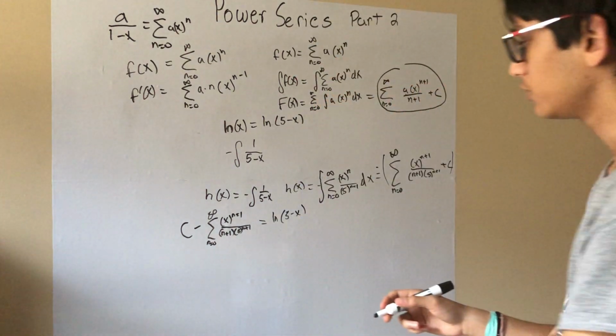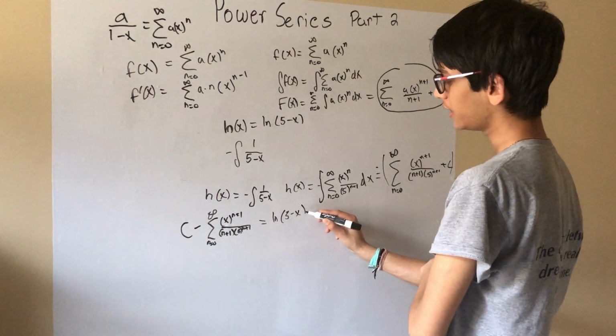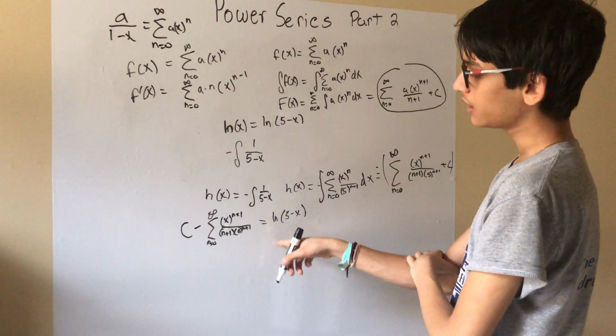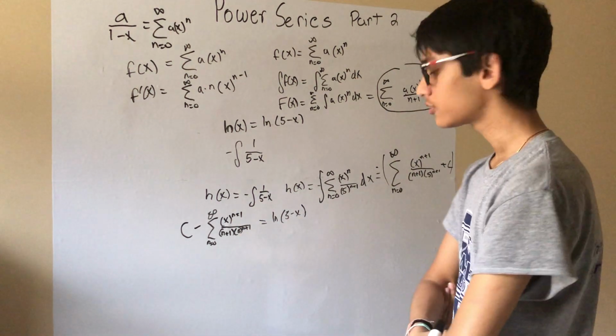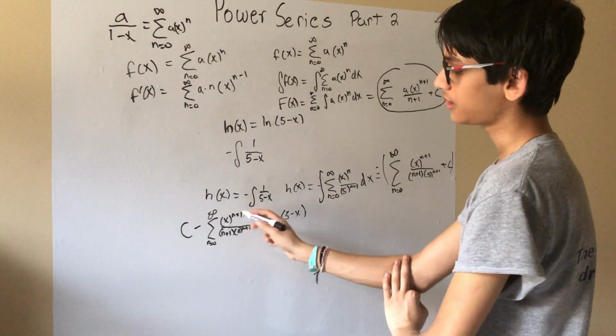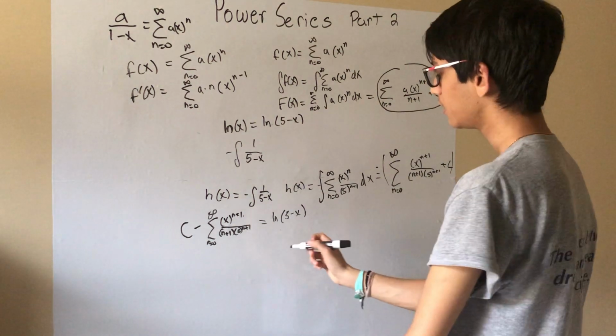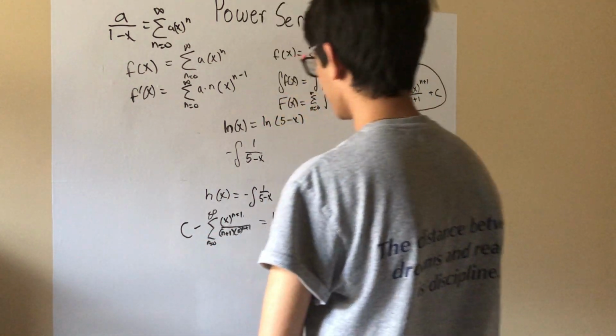So we aren't actually done, because you have this c value here, and you can solve for it, right? If you plug in a value for x, then you could isolate c. So the easiest value in this case is 0, because then this entire number here will become 0, right? So here, let's do that. Let's plug in 0 for x.